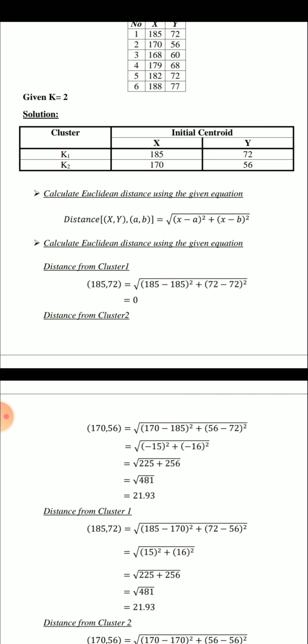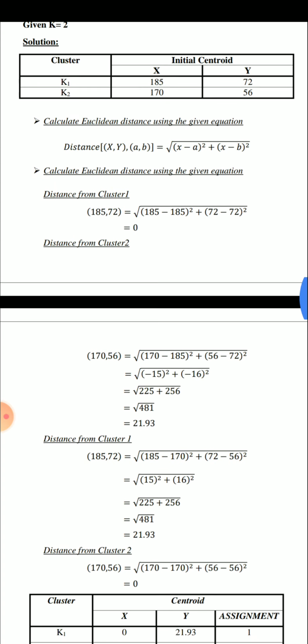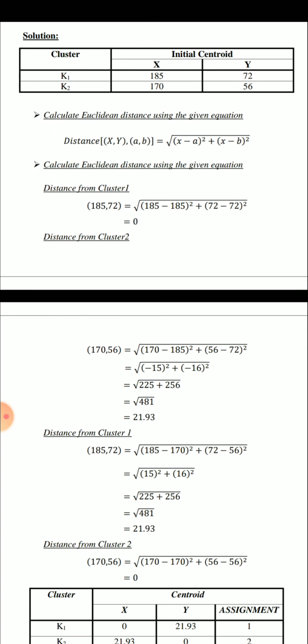Then next is the distance from cluster 1, 185, 72. It can be found out as root of (185 minus 170) the whole square plus (72 minus 56) the whole square, that we get 21.93. Then the distance from cluster 2, 170, 56, is root of (170 minus 170) the whole square plus (56 minus 56) the whole square, that is equal to 0.